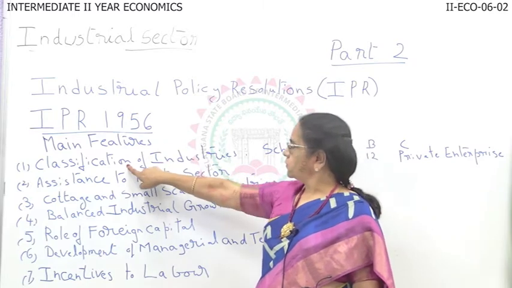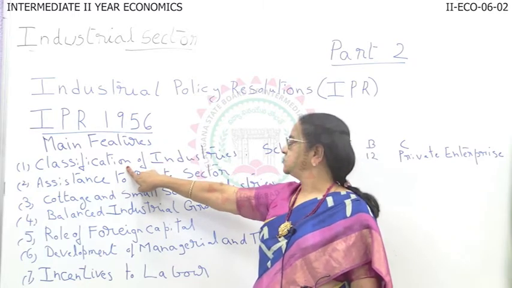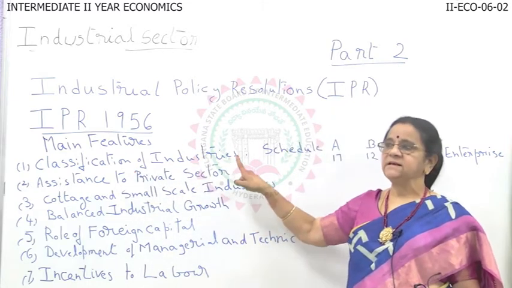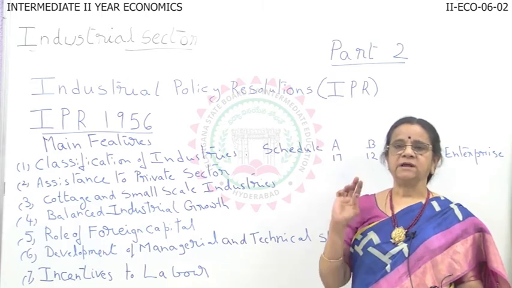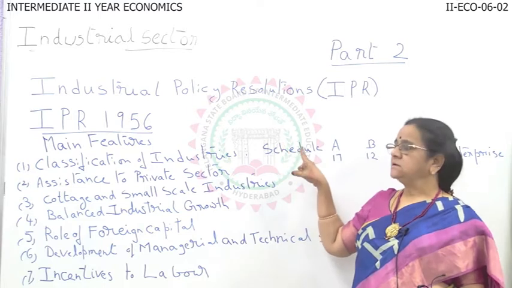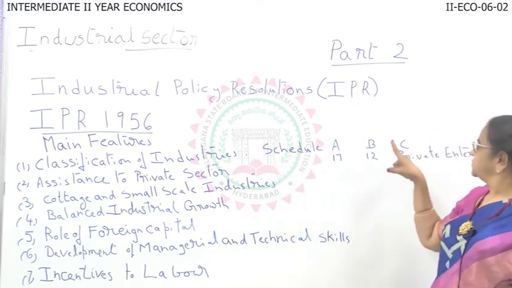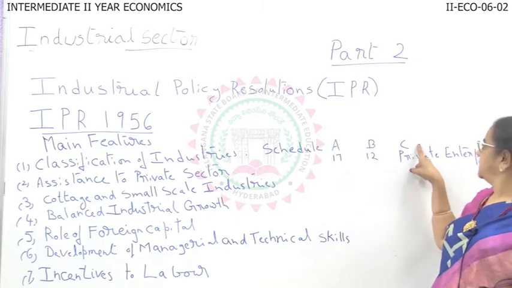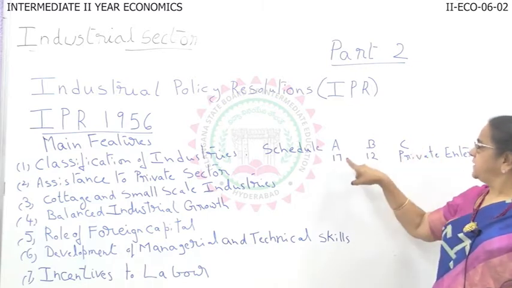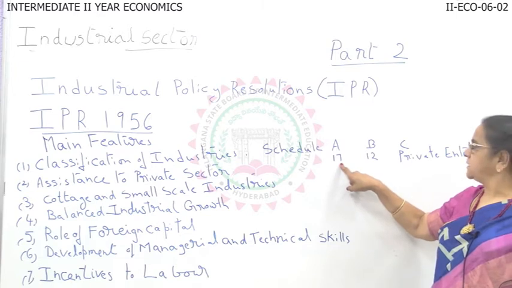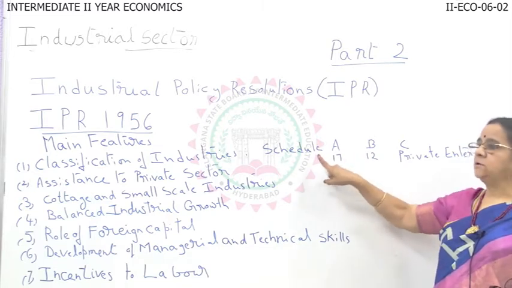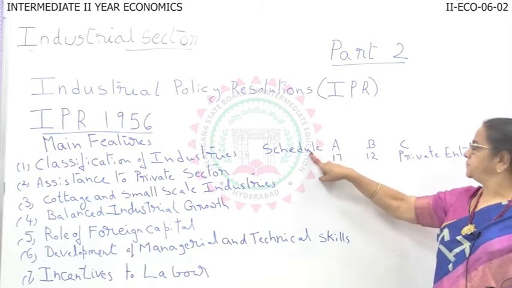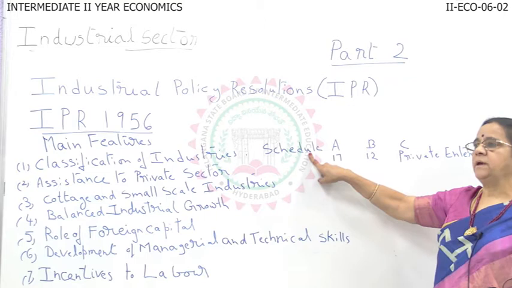The first and foremost striking feature of IPR 1956 is the classification of industries simply into 3 schedules. One, Schedule A. Second, Schedule B. And third, Schedule C. 17 industries were included in Schedule A. These will be under the control of the government.